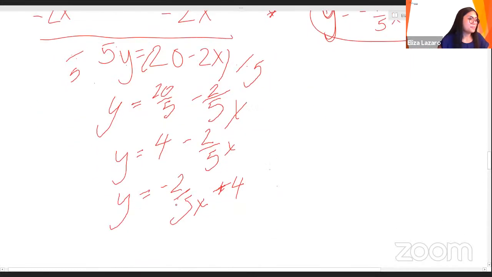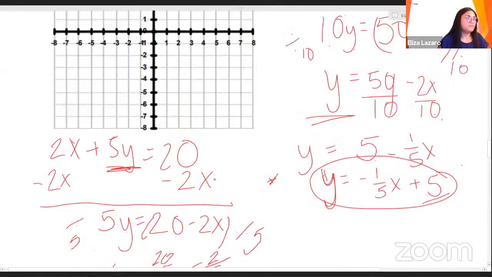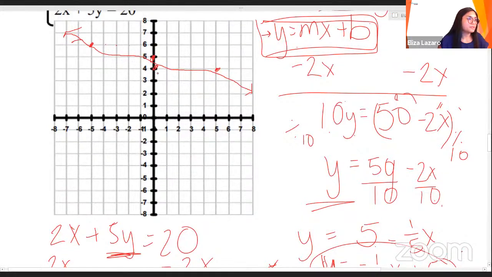And then our slope is negative 2 over 5. So we're going to go down 2 over 5, up 2 over 5, where it meets right here. And then we're going to connect those. Maybe I should use the drawing tool.